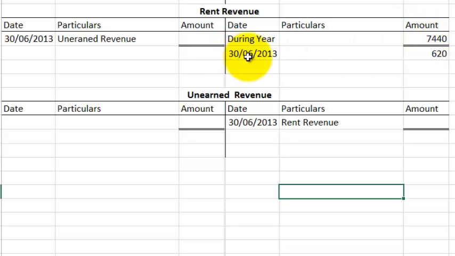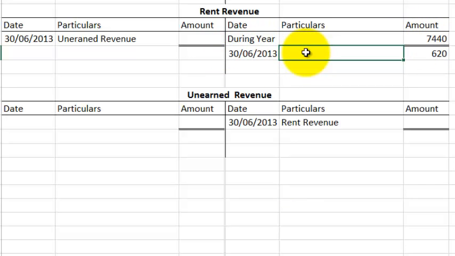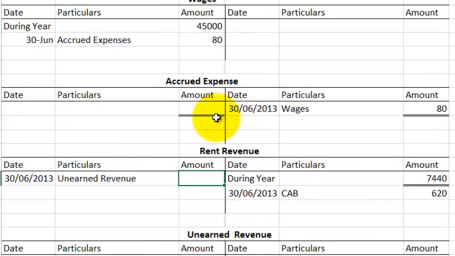Then on the last day of the month, I presume we paid cash at bank for it, $620, but it relates to the next accounting period. Therefore, we must take it out of rent revenue and put it in unearned revenue to do the proper accounting. So here we've got unearned revenue, not spelt right. There we are. But $620 must be put to that account.